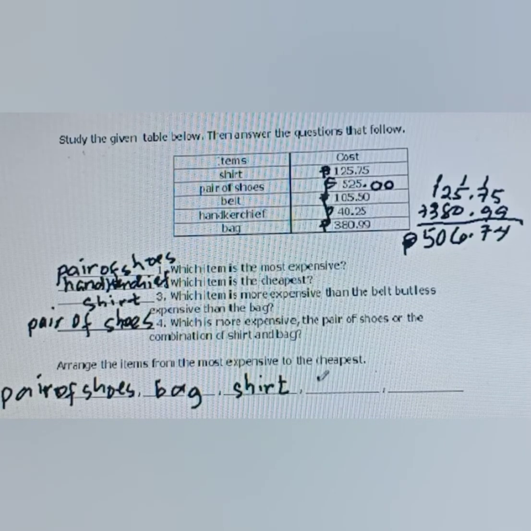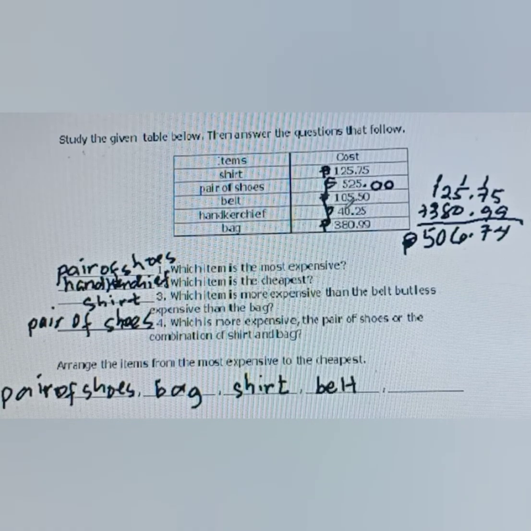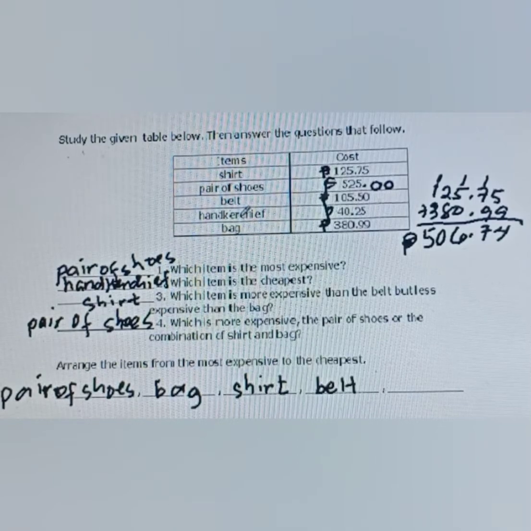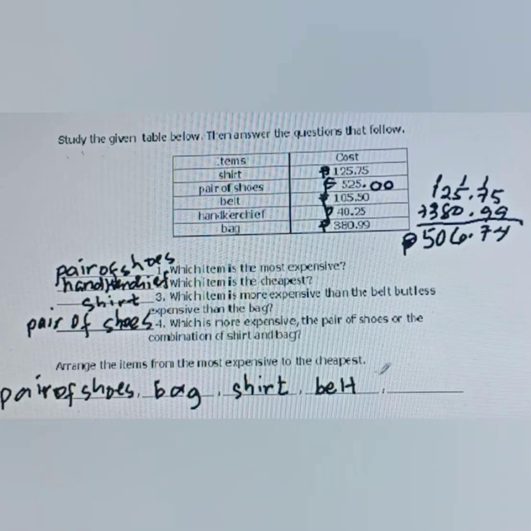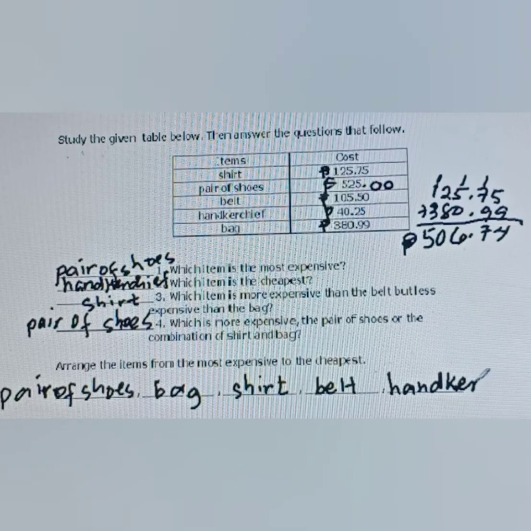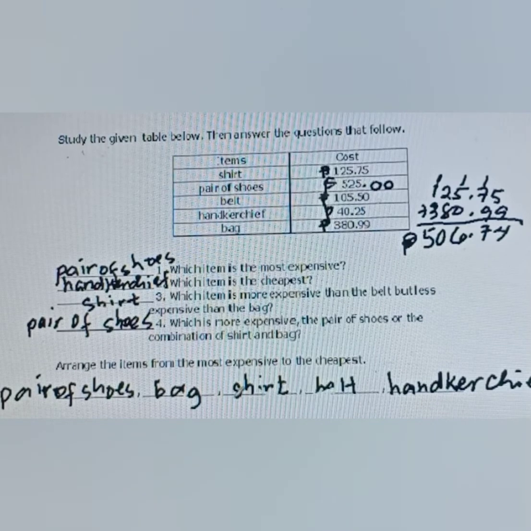Okay. And the smallest whole number is the 40. So the cheapest item here is the handkerchief. So let me write handkerchief here. Okay. So that's our answer for the last problem.